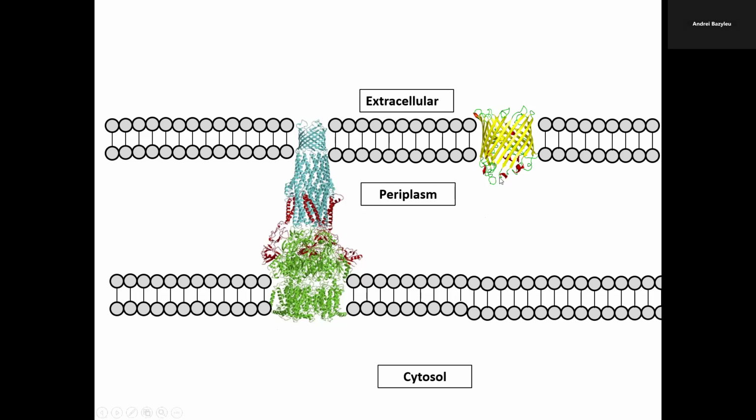Simultaneous downregulation of porins and upregulation of efflux pumps means as little antibiotic as possible goes in and as much as possible is pumped out. Only then is this mechanism working efficiently from the bacterial standpoint.